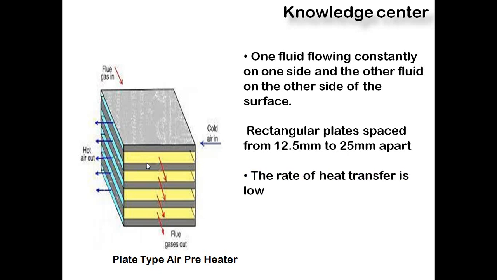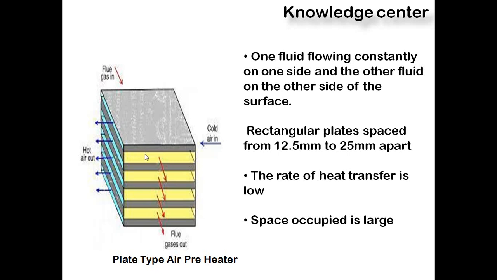The rate of heat transfer will be low in this kind of system, because through radiation and conduction the heat has to pass from flue gas to plate and then from plate to the cold or natural air, and as the space is a bit more here, the chances of losses will be high, so the rate of heat transfer is going to be low.